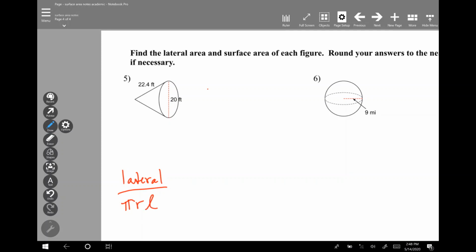So the only two things we need from this cone are the radius and l, the slant height. Right away, l, the slant height, is 22.4. Got that. Radius, well again, they give us the whole thing here, so we have to divide that by 2. Remember, the radius is the diameter divided by 2. So 20 divided by 2 is 10. So our radius is 10.